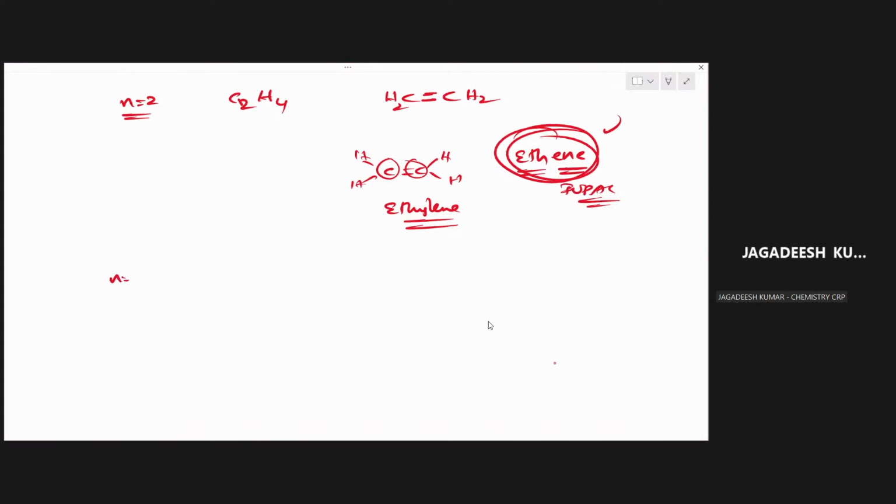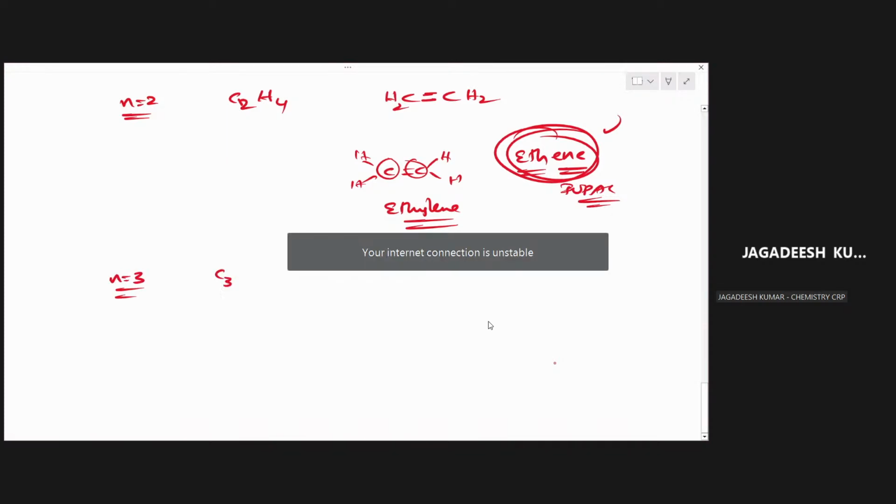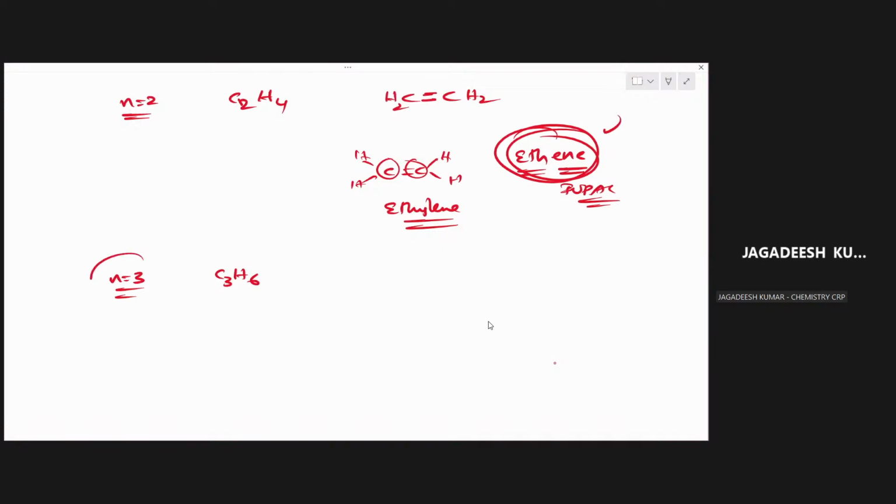And next, if I take n equal to 3, then substituting we get C3H6. So I am taking 3 carbons in a straight chain. Between any two carbons there should be a double bond, because this is the general formula of alkenes. I am keeping the double bond here. Now how many hydrogens are required? 3 hydrogens here, 1 hydrogen here, and 2 hydrogens here.